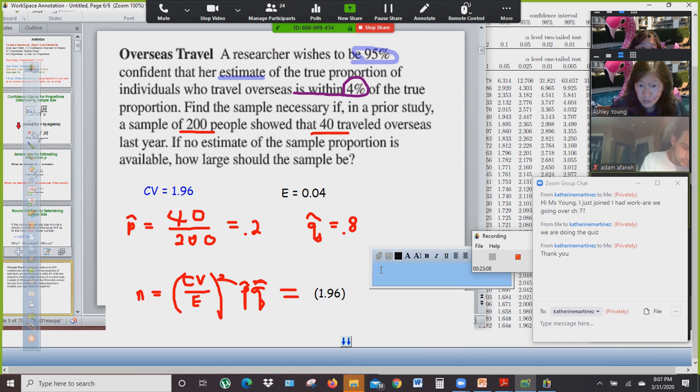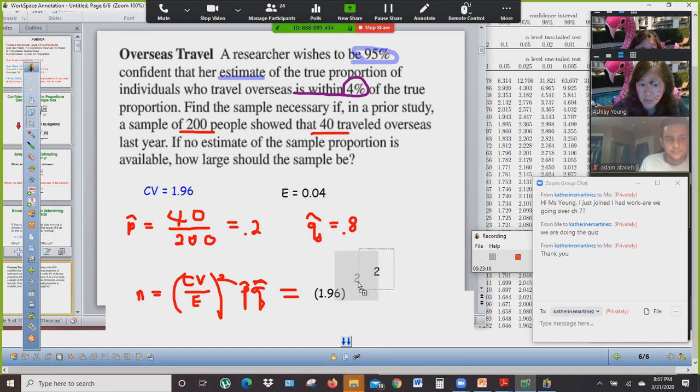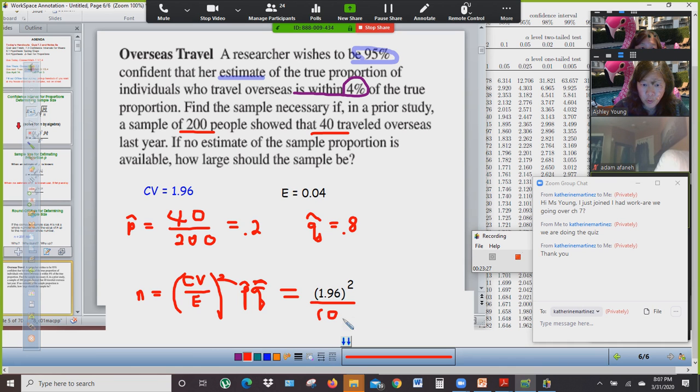On top, you're going to get 1.96 squared, divided by 0.04 squared, times 0.2 times 0.8.